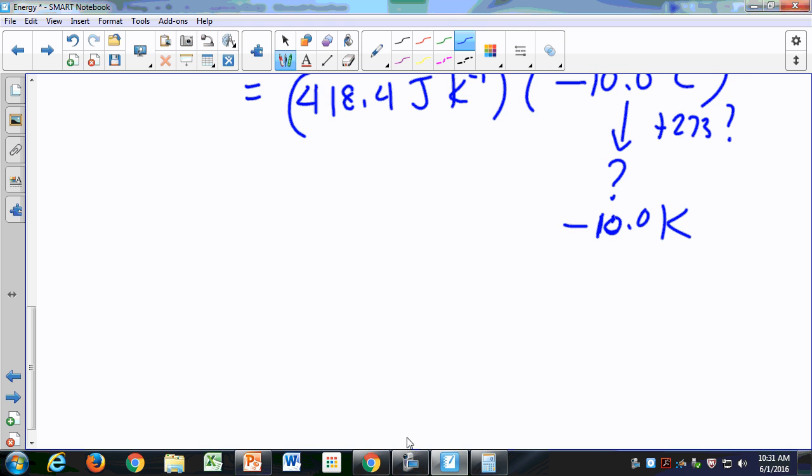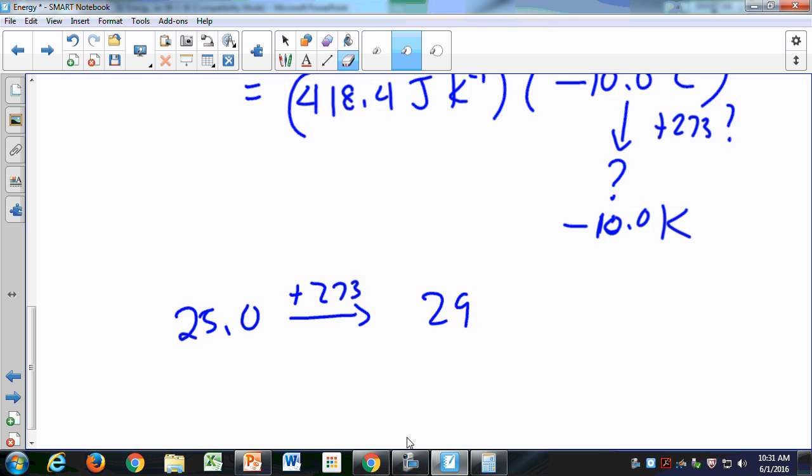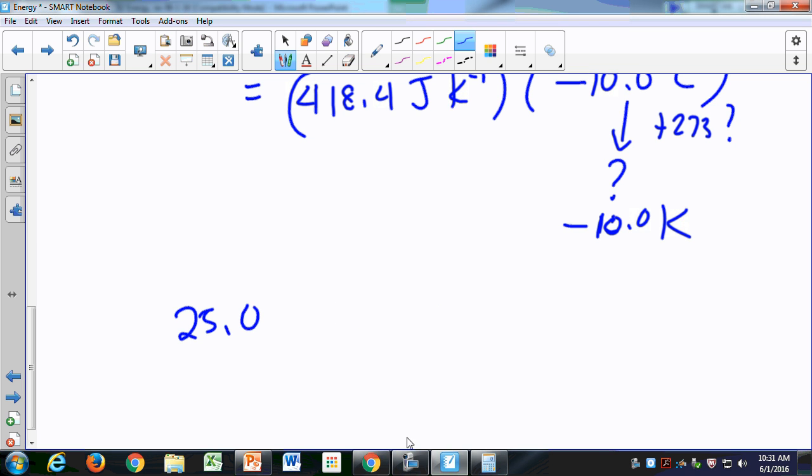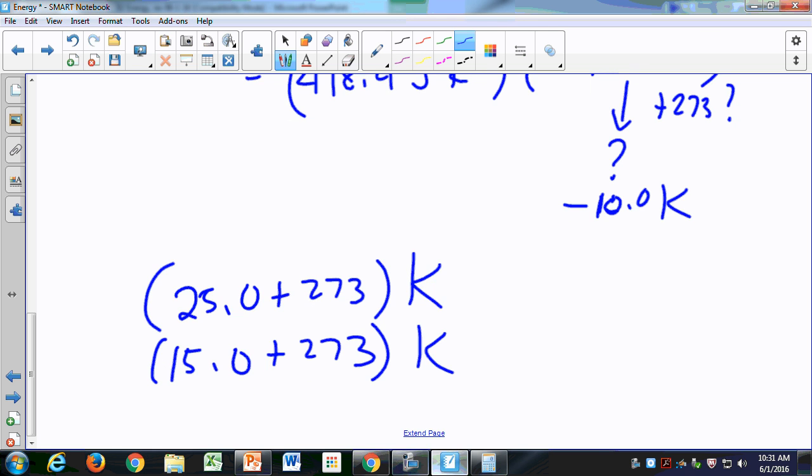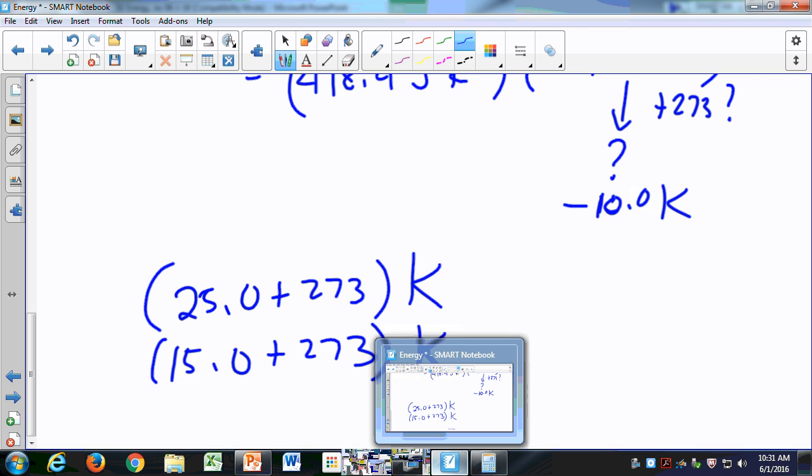To change 25 degrees Celsius to Kelvin, you add 273, right? So that is 298 Kelvin. So I just say 25 degrees Celsius plus 273. That gives me my initial temperature in Kelvin. And to change 15 degrees to Kelvin, I add 273. So that's now Kelvin, right? If I take the difference in the temperature, what happens?